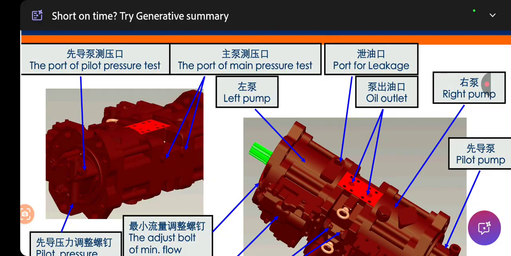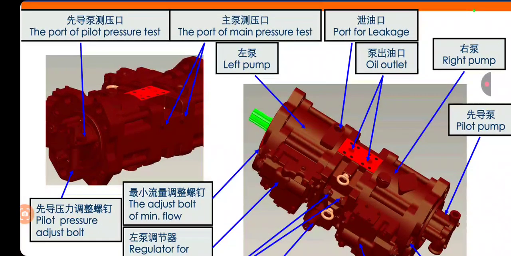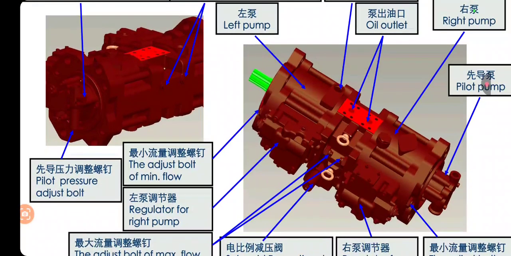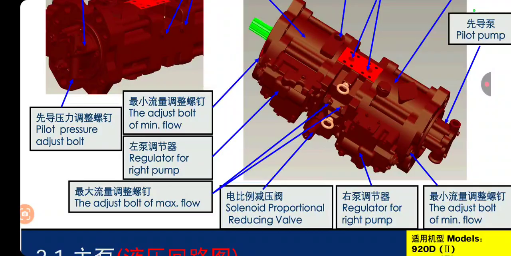We remove the takeoff port and apply the pressure gauge to measure the pressure of the pilot pump. Most of the machines have that on the monitor screen. The port of the main pump pressure test, the port of leakage oil outlet, the right pump, the pilot pump, and the adjuster. These are the parts.